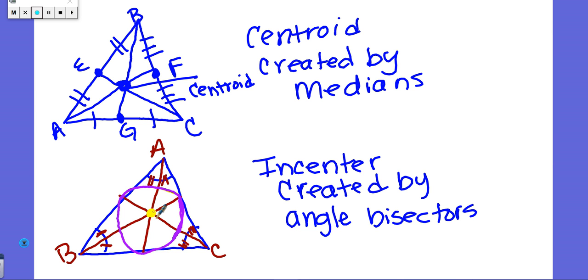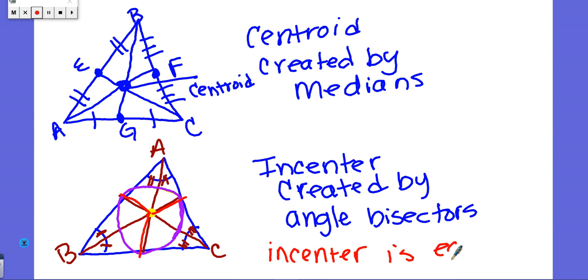And what this means is that this incenter is equal distance from the sides of the triangle that it's in. So what that means is the distance from here to here, the distance from here to here, and the distance from here to here will all be the same. Those are called radii.